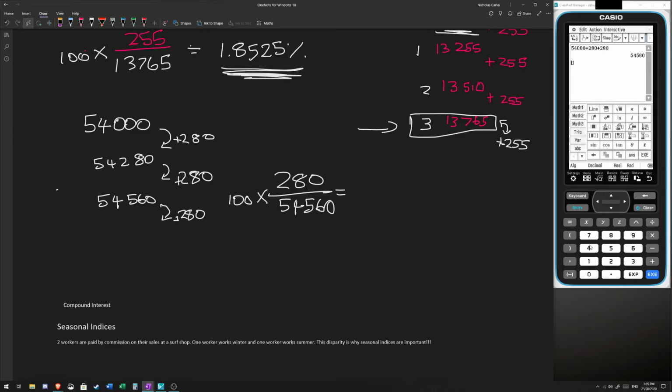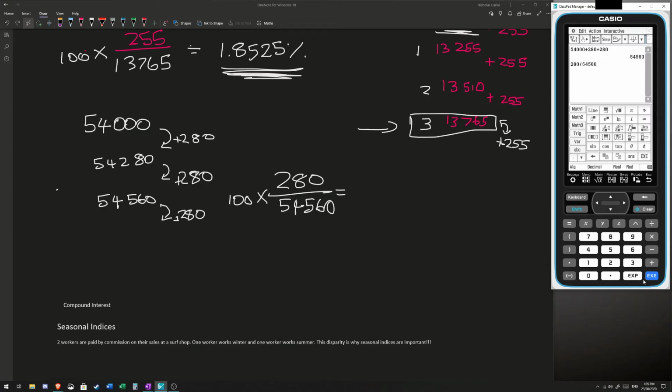So $280 divided by 54,560, multiplied by 100, and we get a rate of 0.5132%.